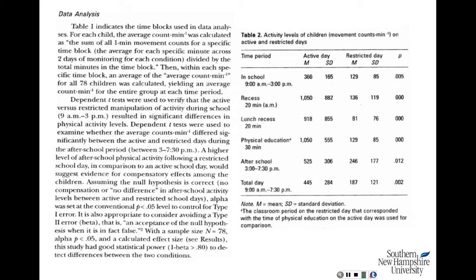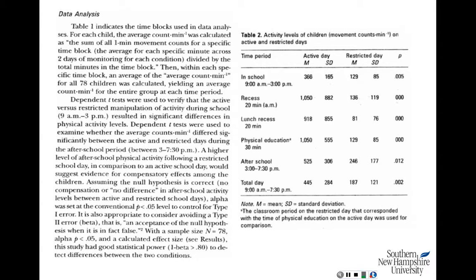Remember, anything less than 0.05 or 0.05 or less is statistically significant. So this difference between the active day and the restricted day was statistically significant because the p-value is less than 0.05.